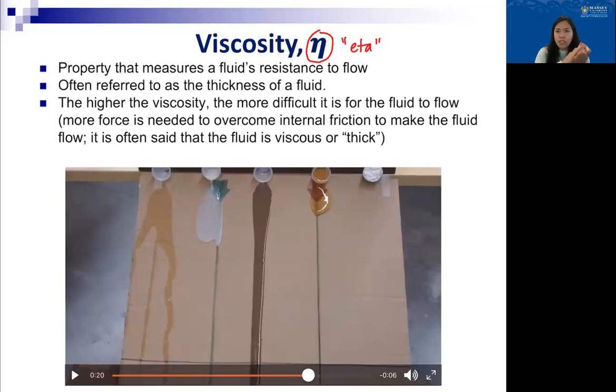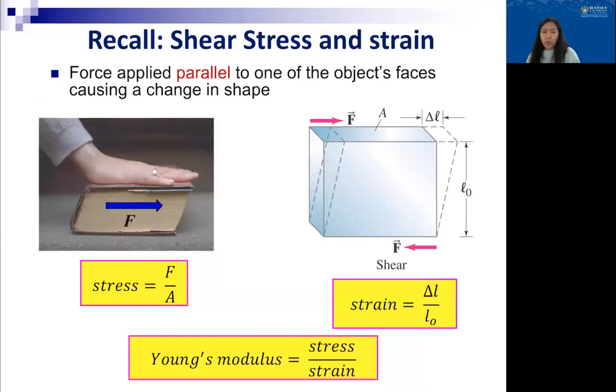Because when the fluid will start to flow, the fluid essentially deforms as it starts to flow. And so to understand mathematically how viscosity affects the deformation of the fluid as it flows, then let's go back to what we learned in lecture 11 about stress and strain.